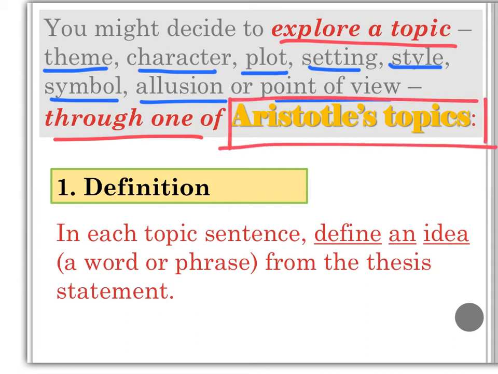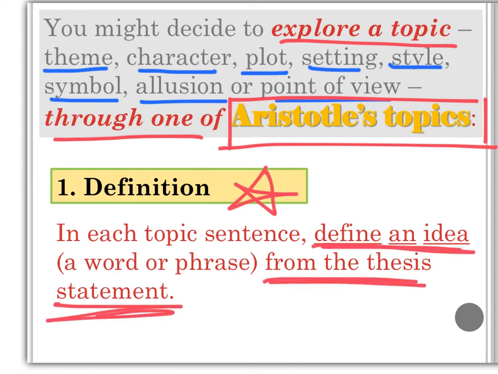So what does that mean exactly? Well, what that means is that you could, say, choose a character to write about, and you could choose to explore that character through definition, where basically you would be defining an idea from the thesis statement.